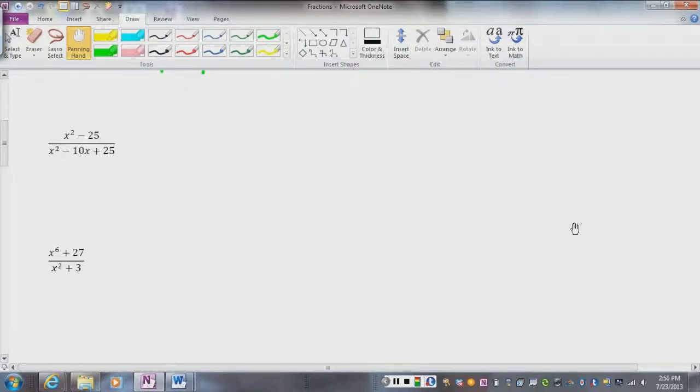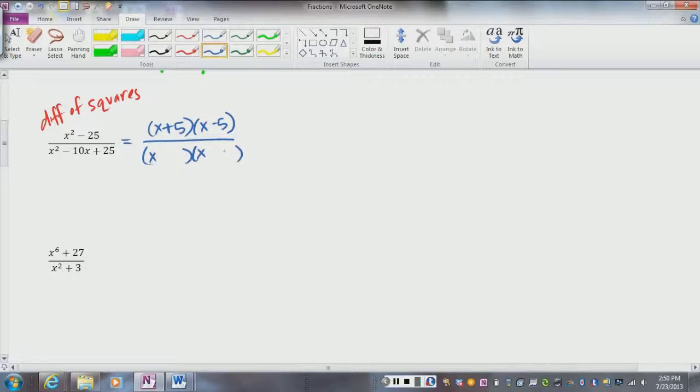I look at this, I recognize that we have a difference of squares again. So I'm going to factor the difference of squares. When I factor the numerator, it's going to become x plus 5 times x minus 5. The denominator is going to factor x minus 5 times x minus 5.